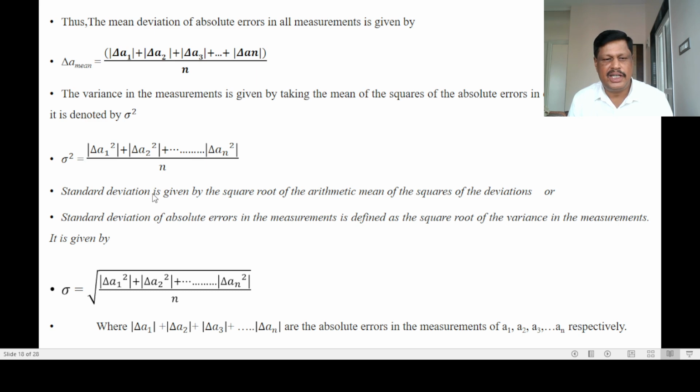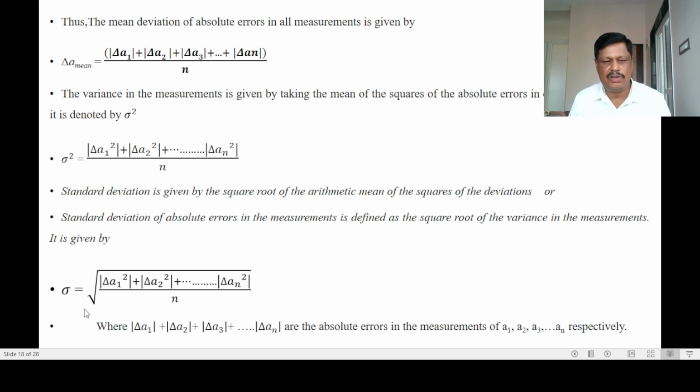We will define standard deviation as the square root of the arithmetic mean of the squares of the deviations. So standard deviation is given by the square root of the arithmetic mean of the squares, delta A1 square, delta A2 square, like that, squares of the deviations. Or standard deviation of absolute errors in the measurement is also defined as the square root of the variance in the measurements, and it is given by sigma.